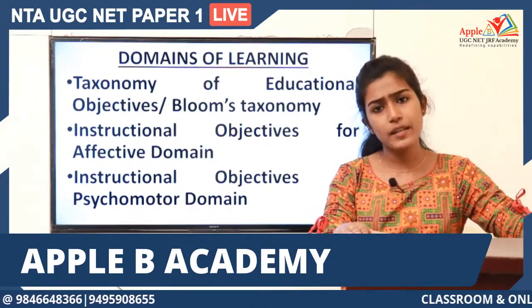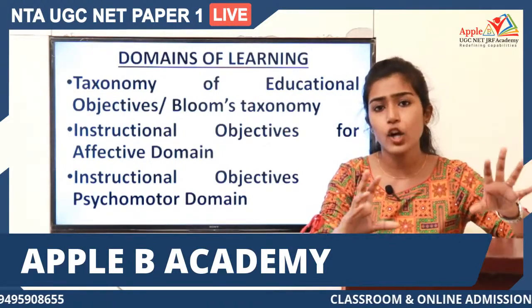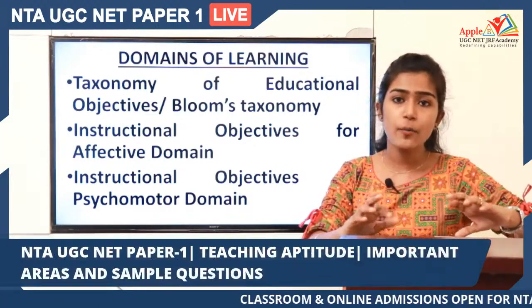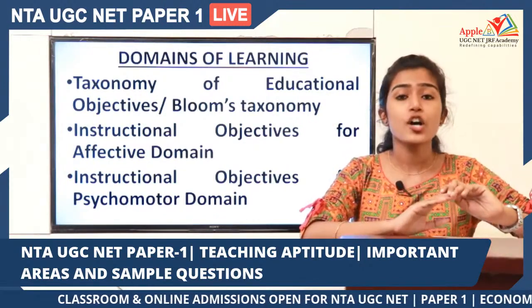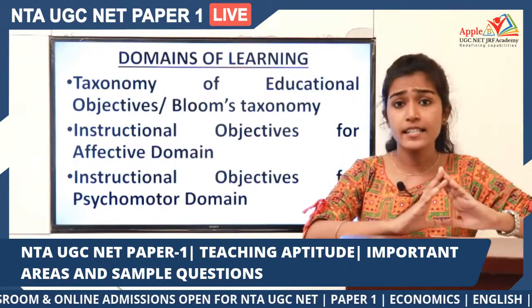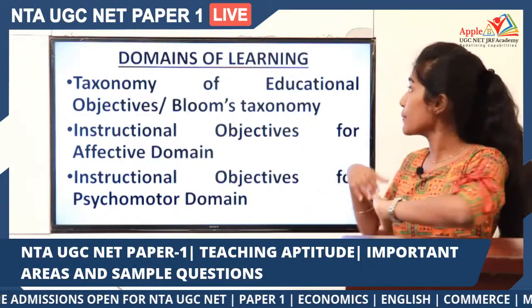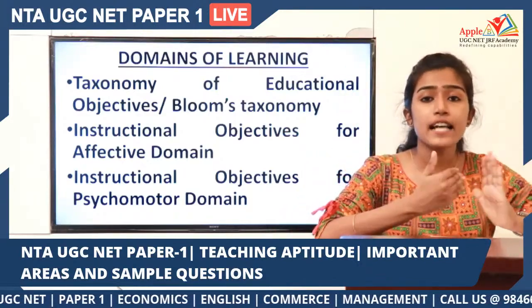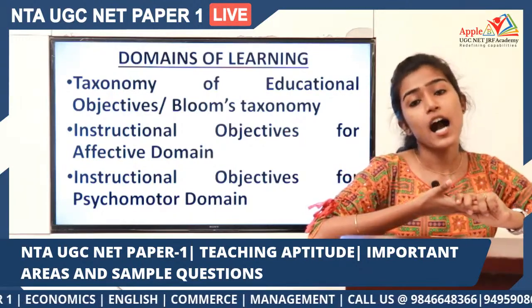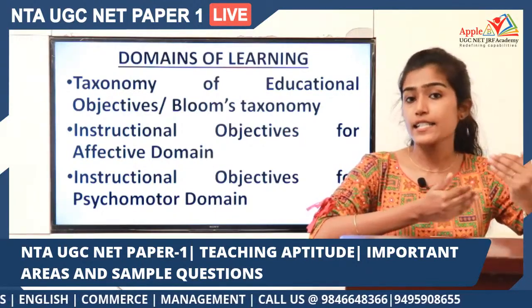So this taxonomy simply means, if we consider the cognitive domain, Bloom is the one who has proposed it. So if we consider Bloom's taxonomy, or the taxonomy of educational objectives, there are different types of learning outcomes that are expected from this cognitive domain.